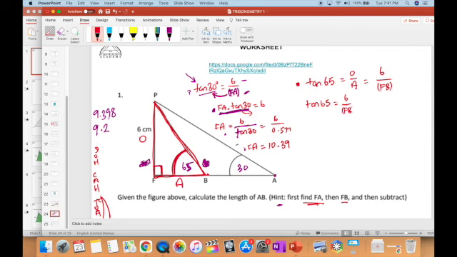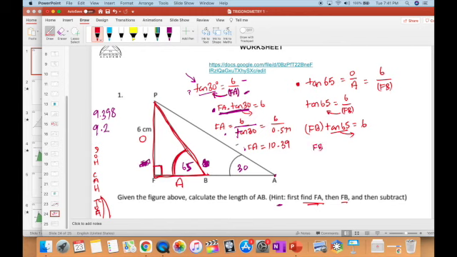So I want to get FB to be the subject of the formula. I'll fling it across. It's a divide on this side, so it'll become a multiply on this side. FB tan 65 is equal to 6. Then I want FB alone, so I take the tan 65 and throw it across.